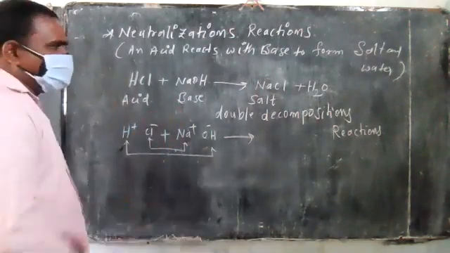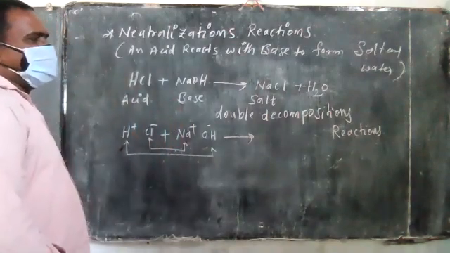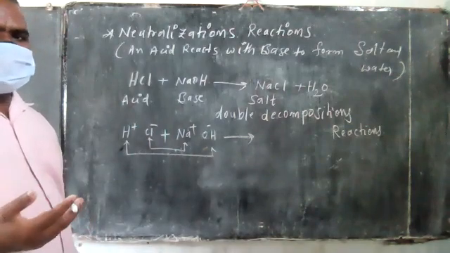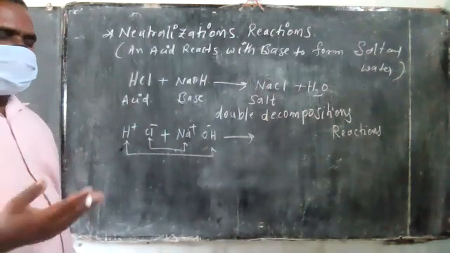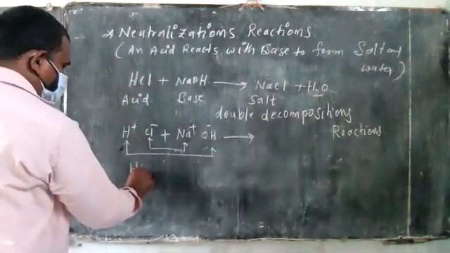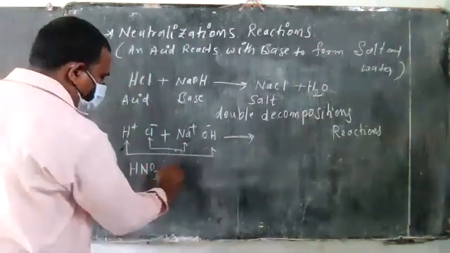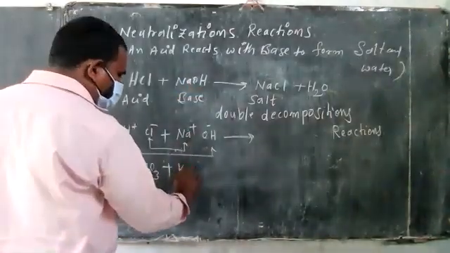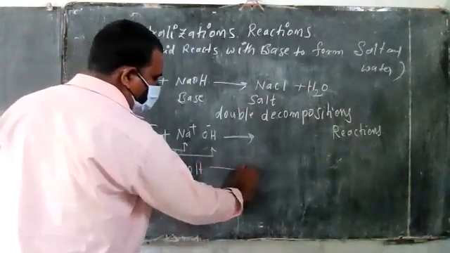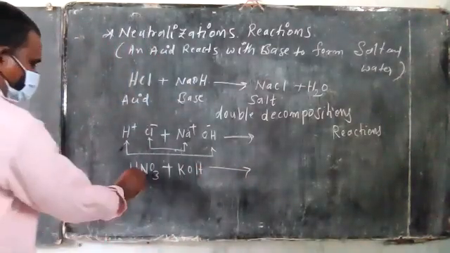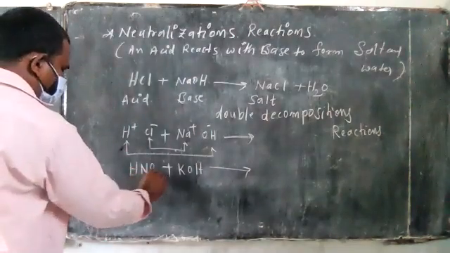Salt means not only sodium chloride. Any acid reacting with any base forms a salt. Suppose another example: nitric acid reacts with potassium hydroxide. Nitric acid divides into H plus and NO3 minus, and potassium hydroxide into K plus and OH minus.